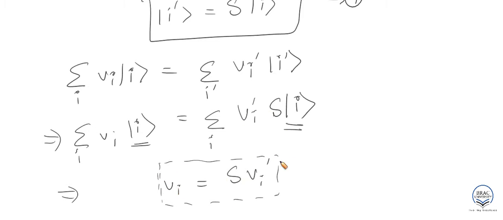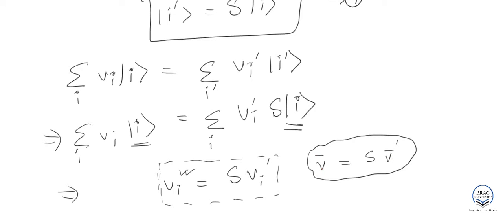That is, this is still in the component notation. So if you want to use the bar notation to denote a column of the components, this will be just S V bar prime. This is the proper matrix equation.